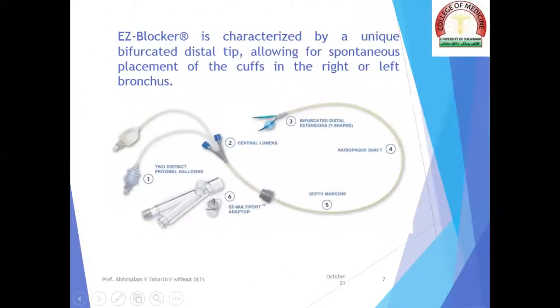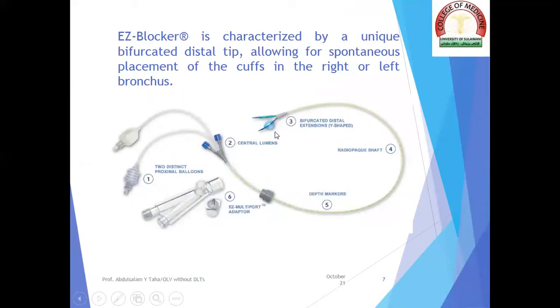And the fourth modern bronchial blocker is the EZ blocker, which is characterized by a unique bifurcated distal tip, allowing for spontaneous placement of the cuffs in the right or left bronchus. This is very interesting. It has bifurcated distal extensions, or Y shape.